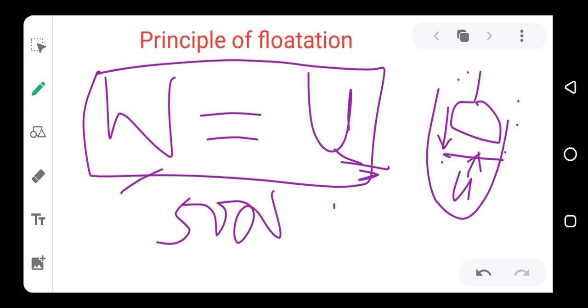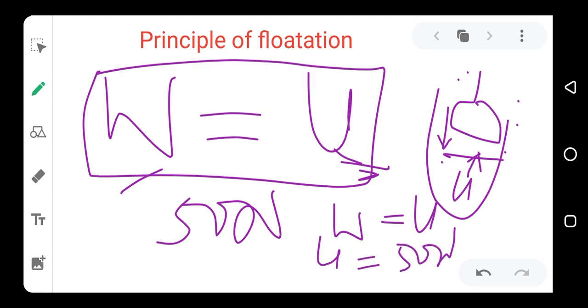Since we know that weight is always equal to upthrust, if they say that the object is floating in the liquid, it means that the upthrust is also equal to 50 Newton. If they say that the weight of the object is 10 Newton and the object is floating in the liquid, it also means that the upthrust is 10 Newton.